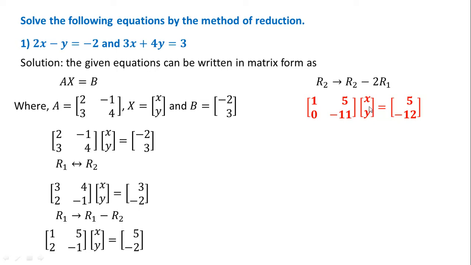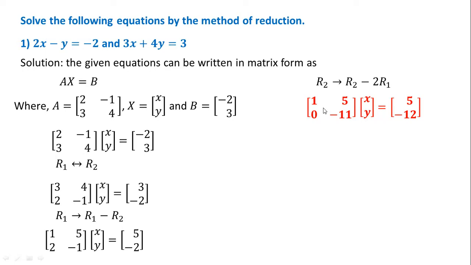X and Y remain as they are, equal to 5 as it is, and minus 2 minus 10, that is minus 12. This is the main step: we convert the given matrix into an upper triangular matrix.